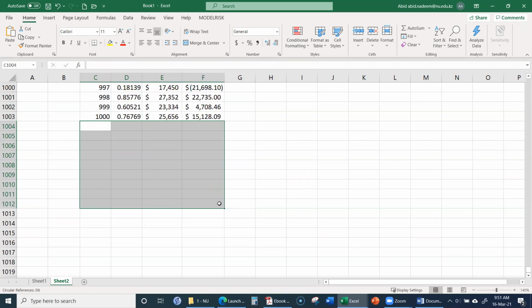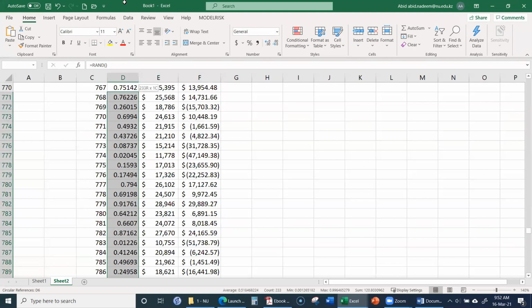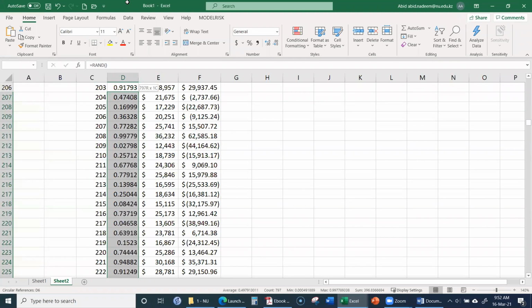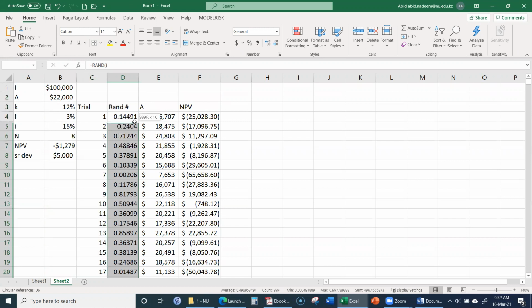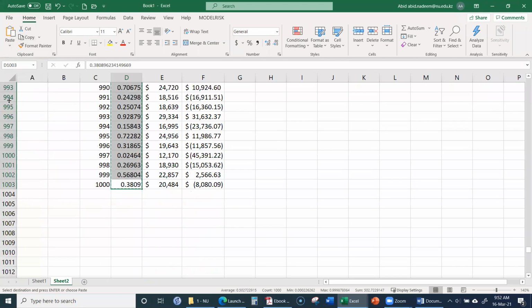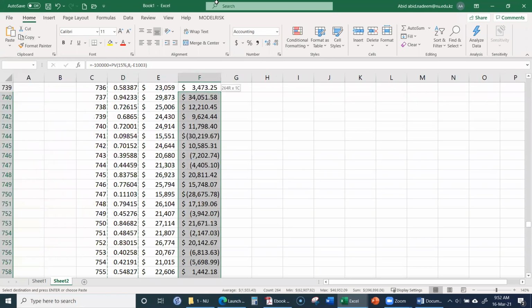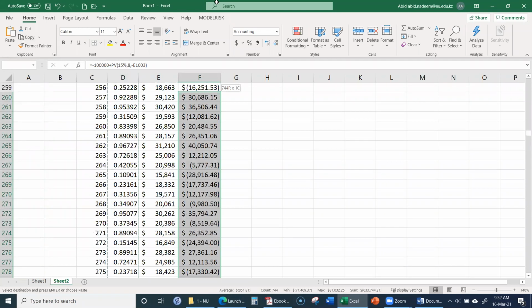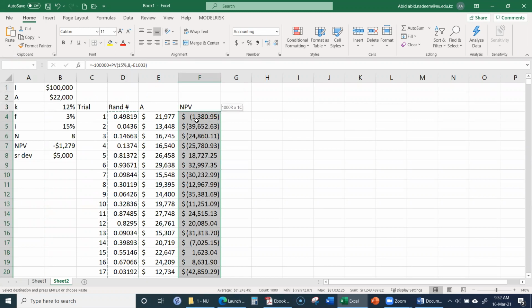I take exactly 1,000 trials, and then I have these random numbers. I copy these random numbers and then paste at the same position as values. And here I have these net present values.